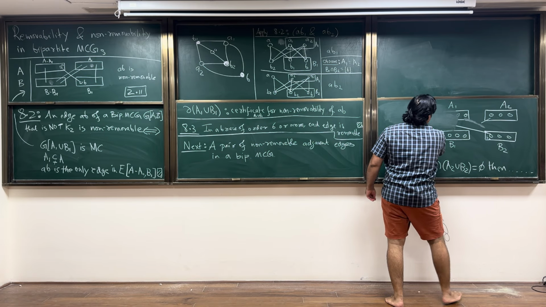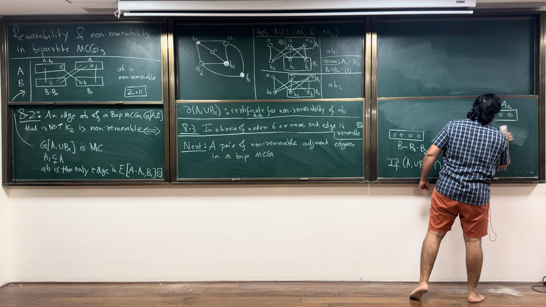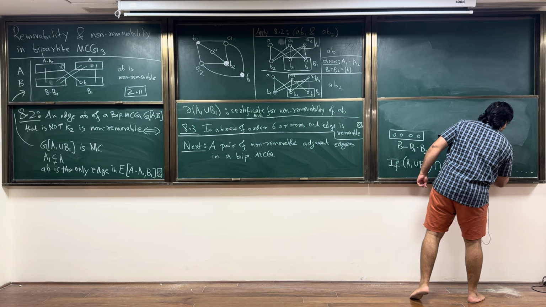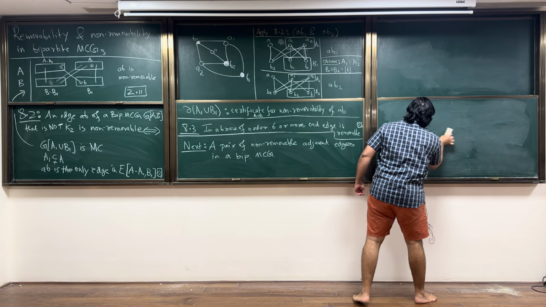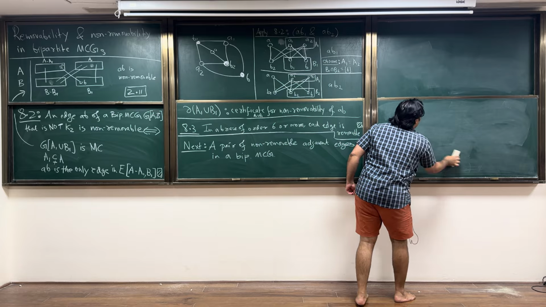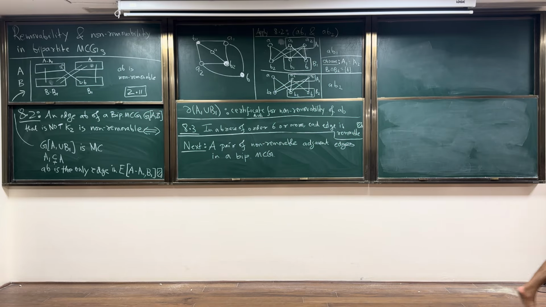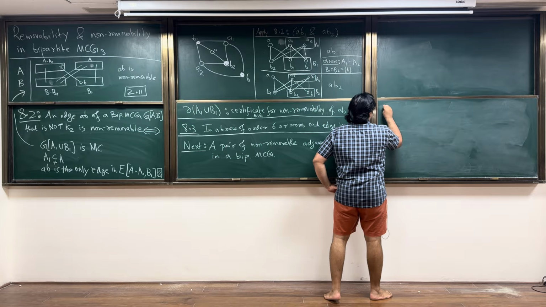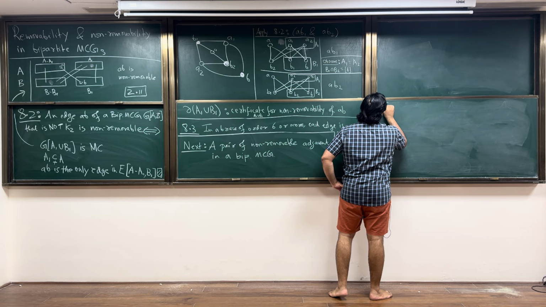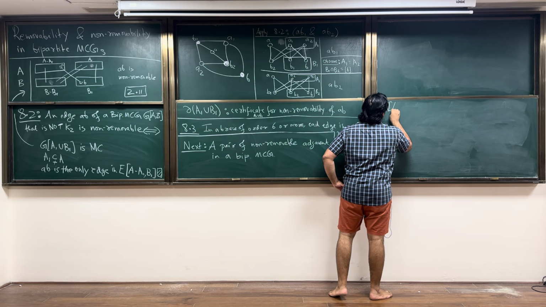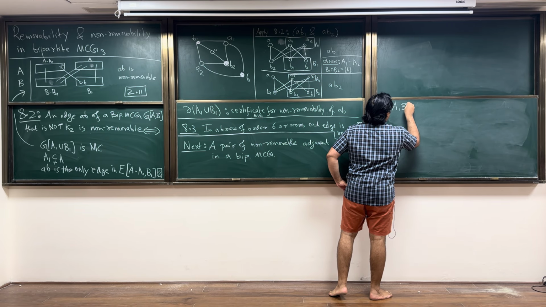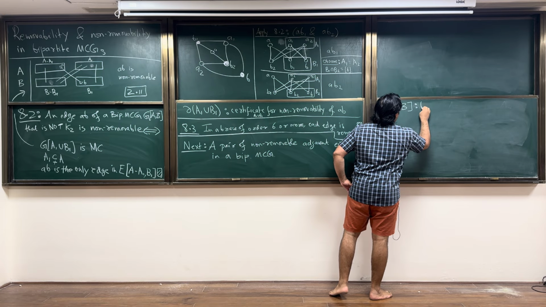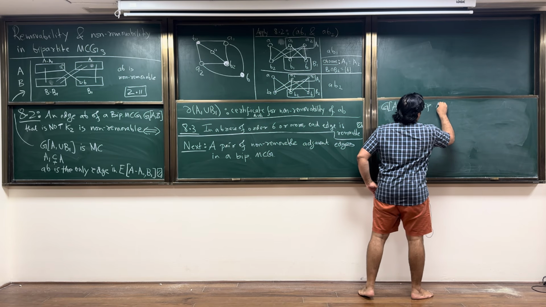I'll erase these drawings. We will anyways probably make them later again. I will not write down the statement and proof. I'll just write down some assumptions. G, AB, is a bipartite matching covered graph.